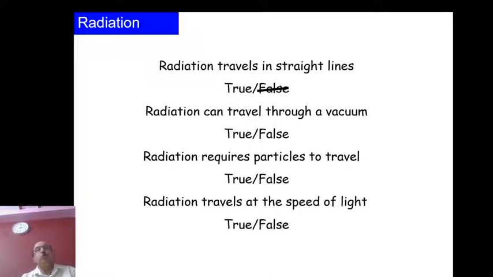Radiation can travel through a medium as per its characteristic; it does not need any particles. Radiation requires particles to travel? No, it does not need particles. Radiation travels at the speed of light? Yes, radiation travels with the speed of light, 3 into 10 to the power 8 meter per second.